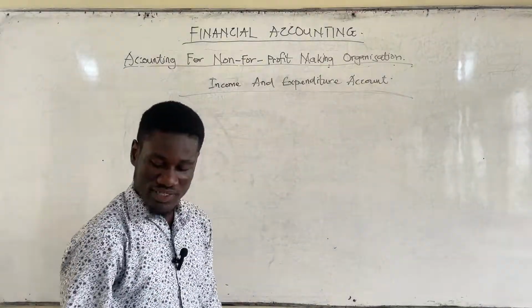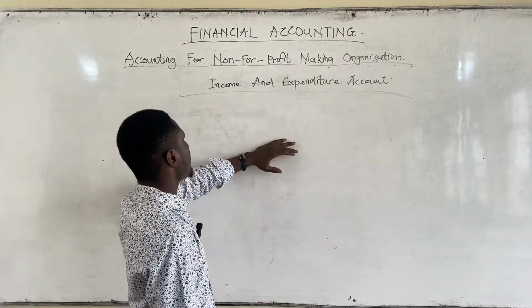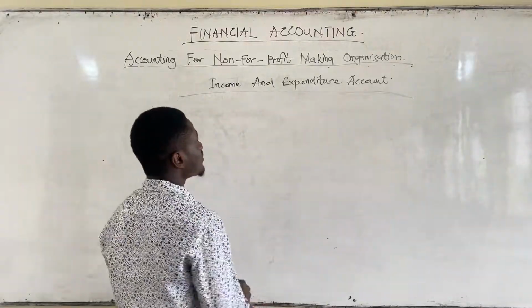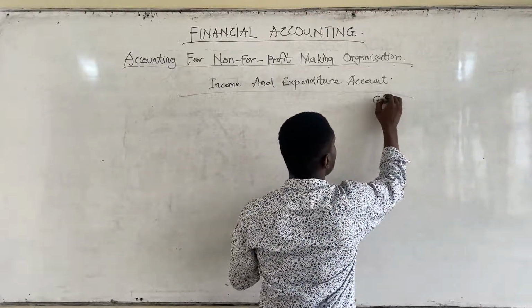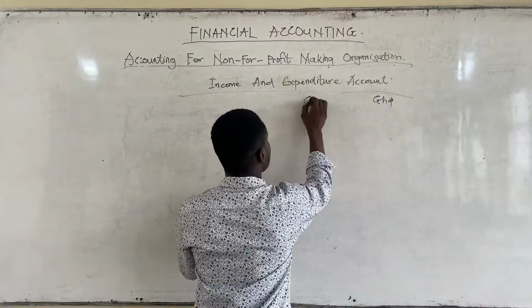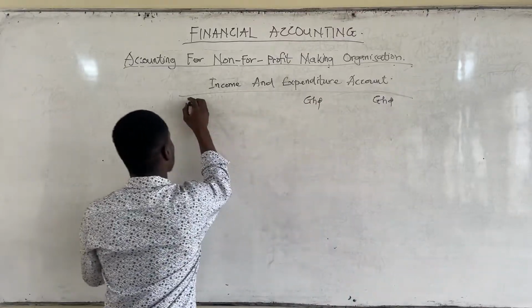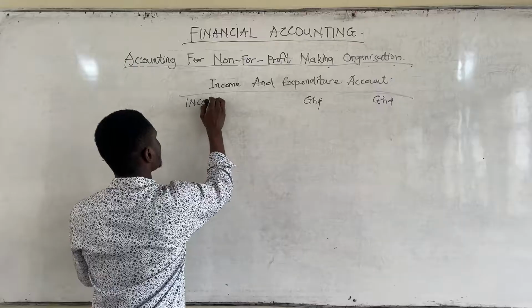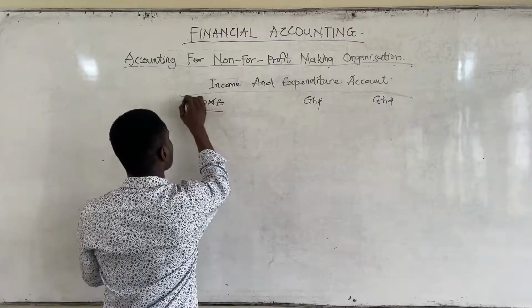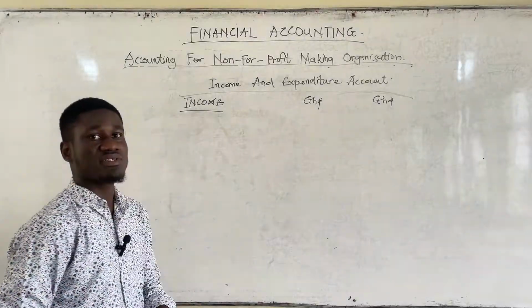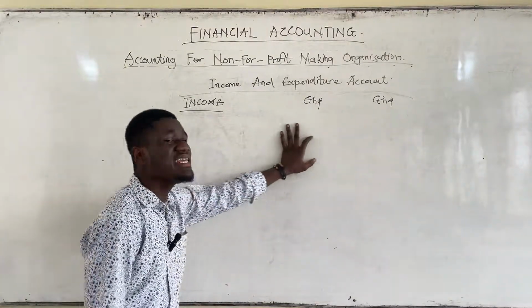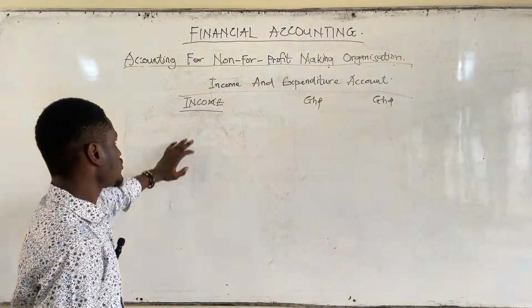Good. So with this, it's just an extract of our income statement. Okay. So what you will see here is only incomes and expenditure. So our incomes will start. So we will check in our receipts and payments.